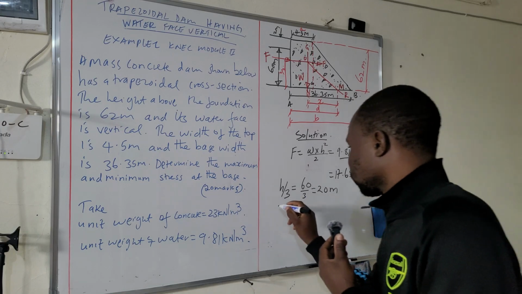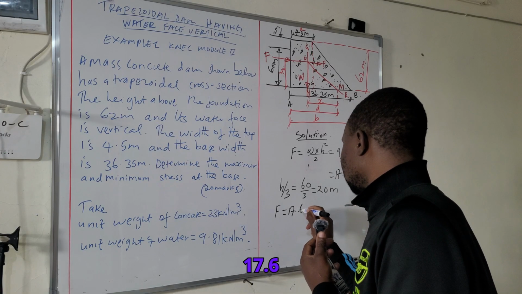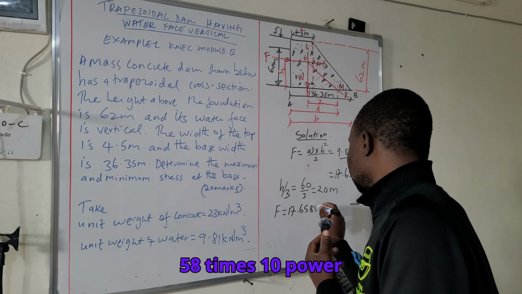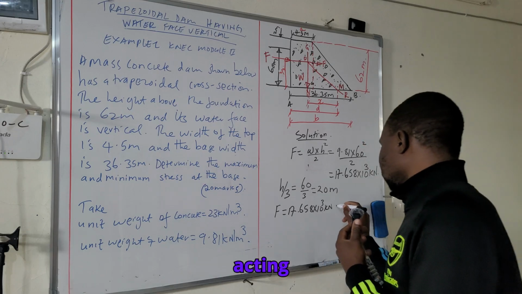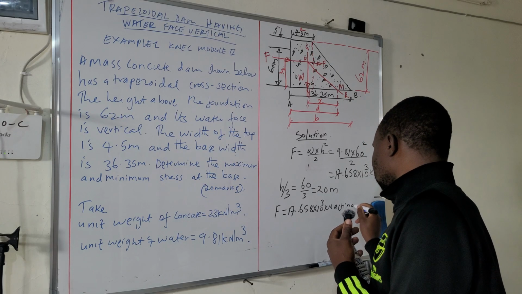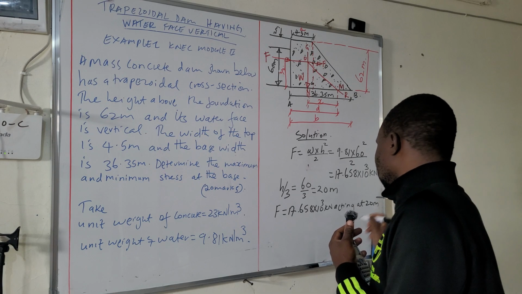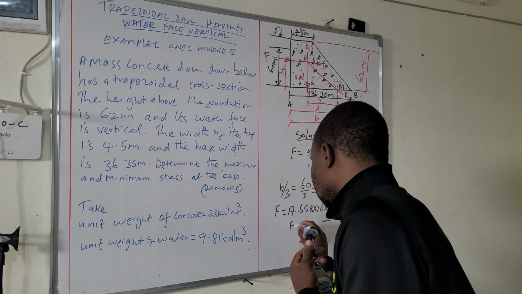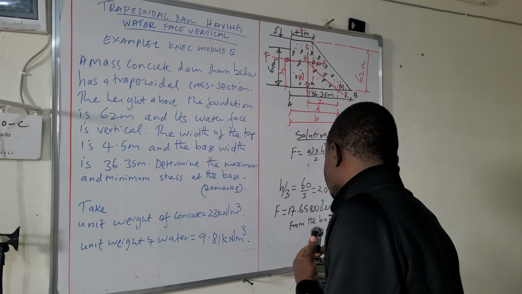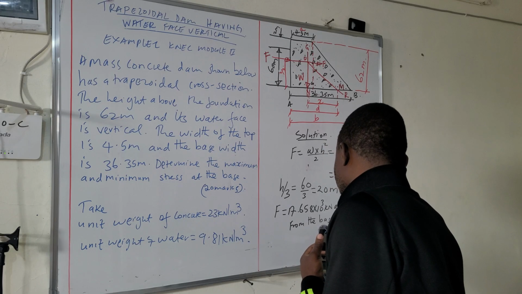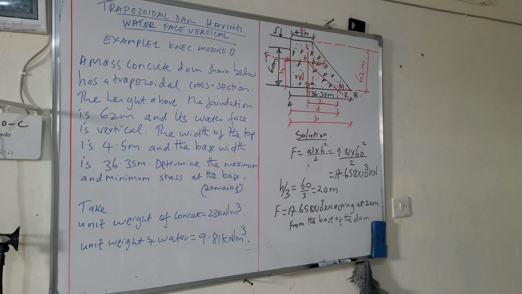So our F is equal to 17.658 times 10 raised to power 3 kilonewton, acting at 20 meters from the base of the dam.